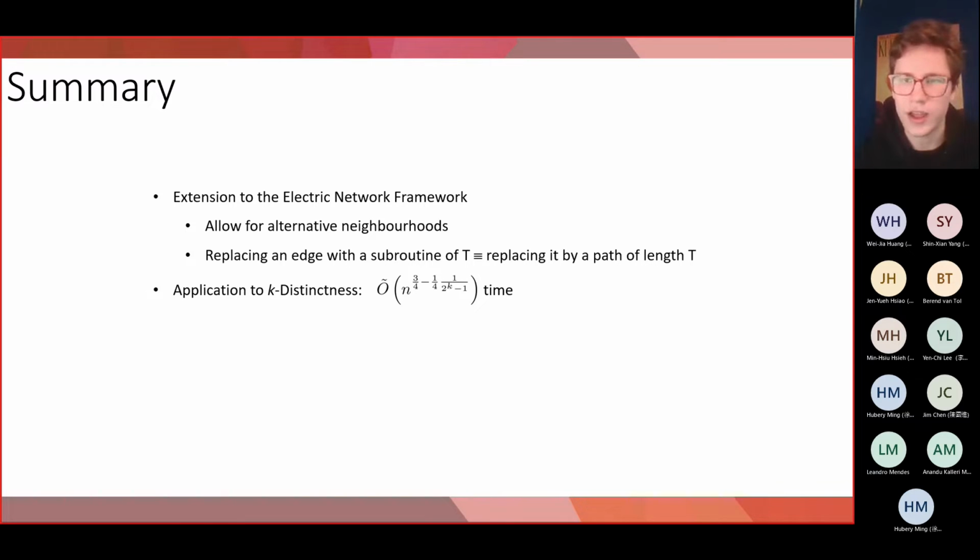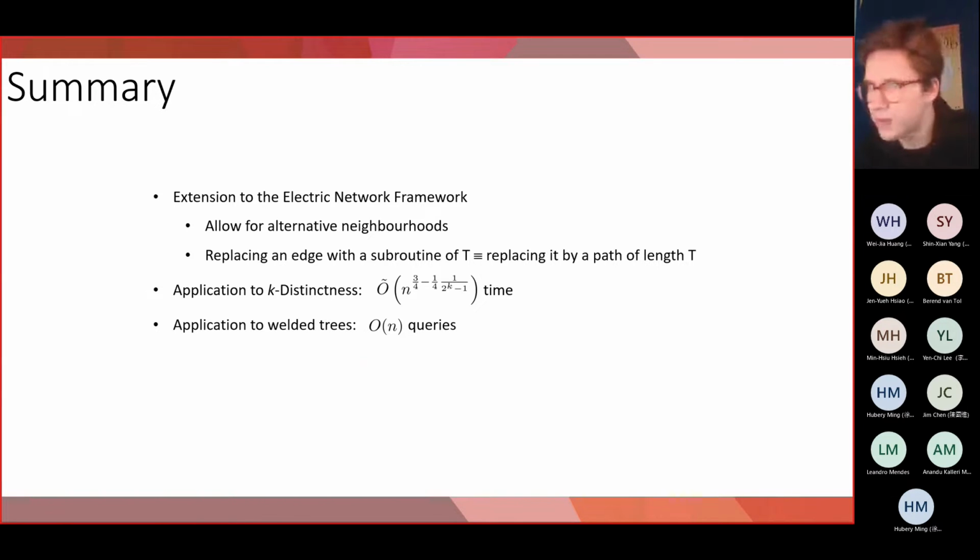And we've also shown how to apply this algorithm to the welded trees problem to get a linear time algorithm for welded trees, that also uses classical intuition instead of relying on Hamiltonians. Yeah, and that's it. Let me know if you have any questions.